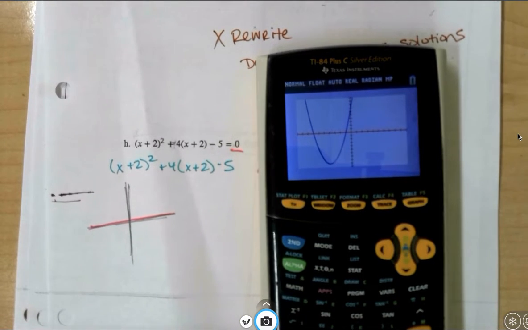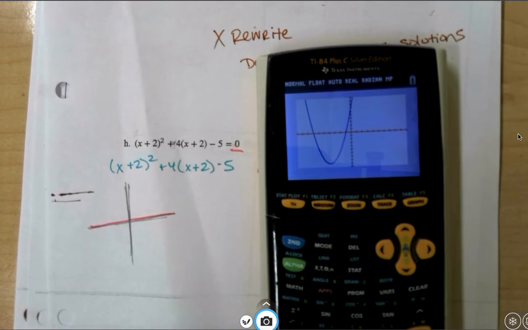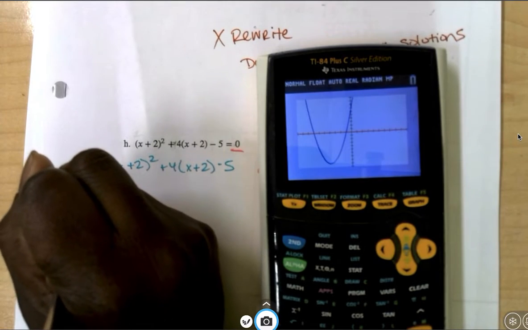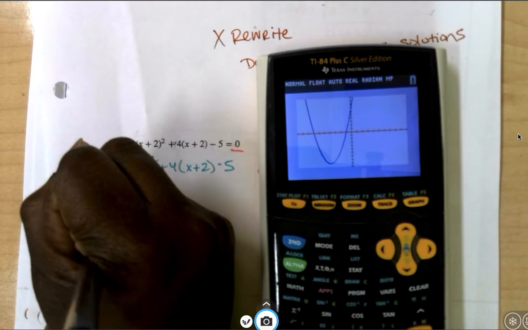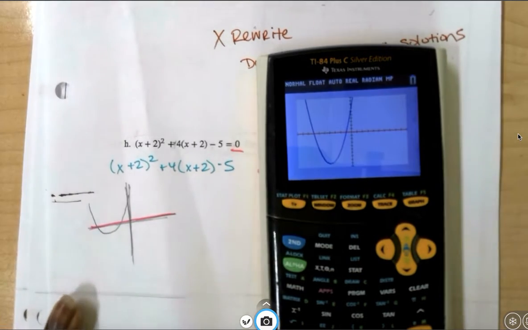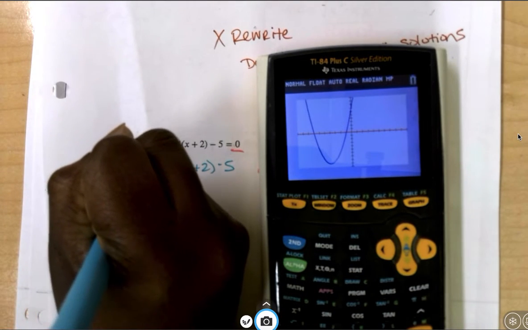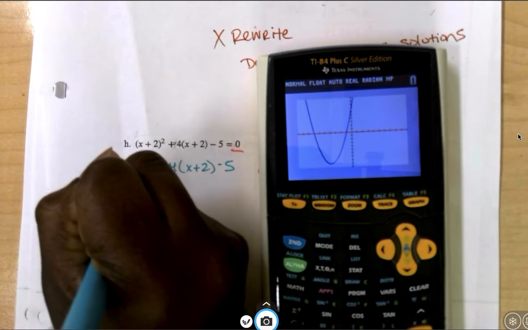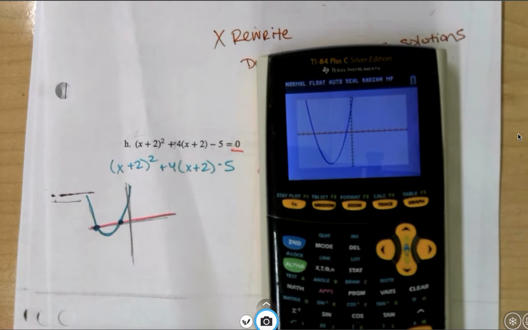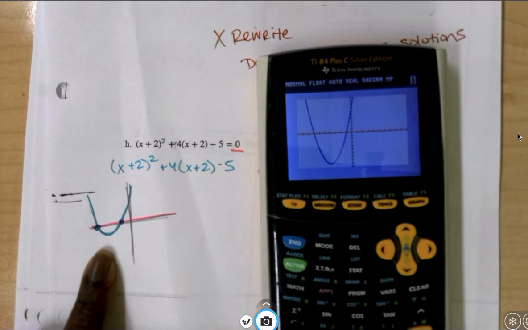Here is my y equals 0. And I notice that they seem to intersect at very clear points on the x-axis, and they're both on the left side. Just make that clear. So you have this intersection and this intersection. So those two intersections are our answer.